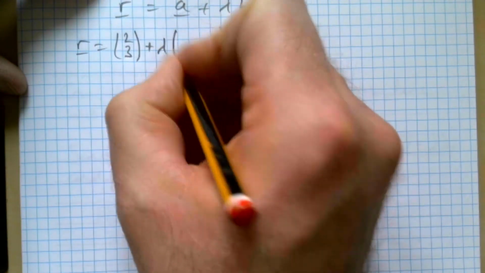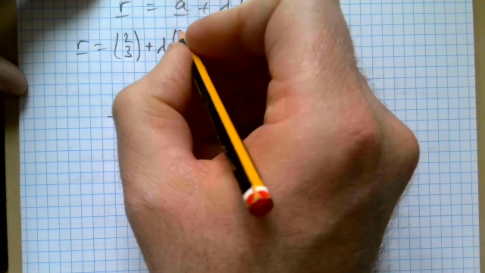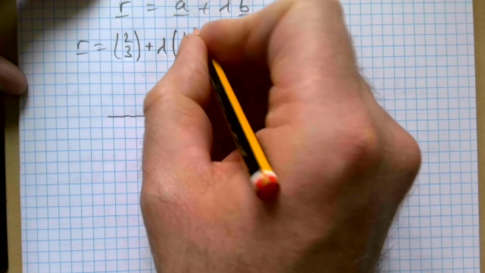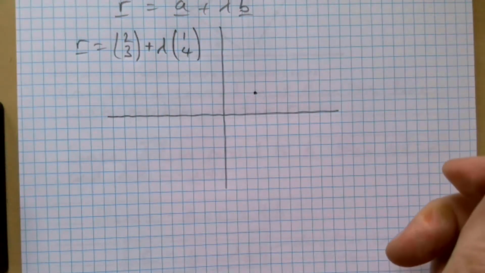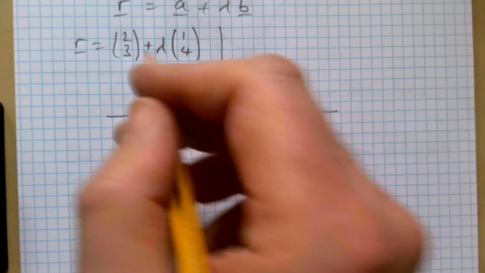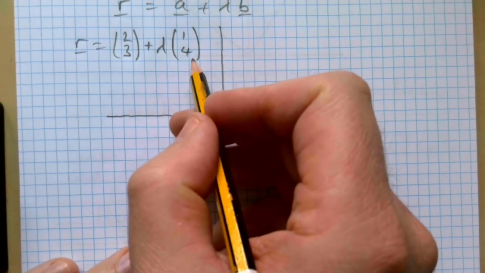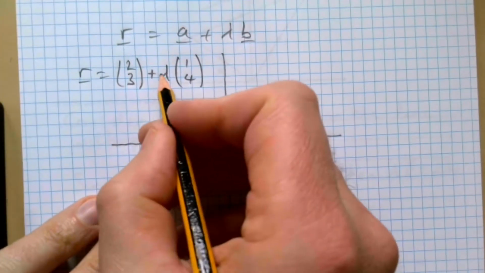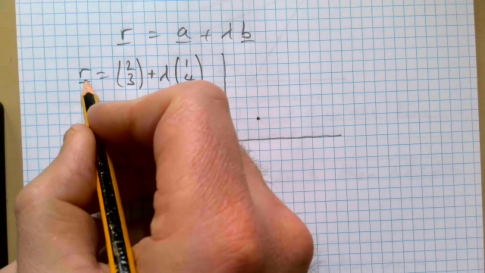And then lambda b, let's go for (1, 4). This effectively generates any point that we want. In the same way you put in different values for x to get out different values for y, here we put in different values for lambda to generate different points.